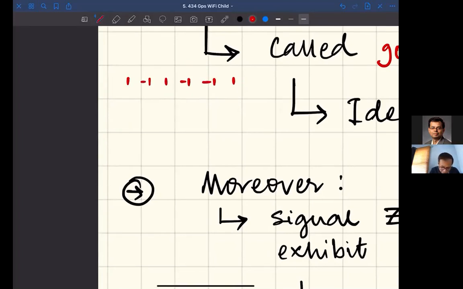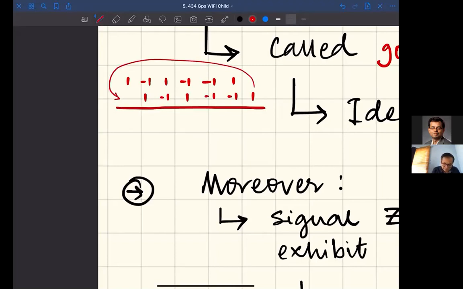Yeah, maybe 6 values. And let's do this: 1, minus 1, 1, minus 1, 1, minus 1. And now we have 1. Right? And now let's do the product. Let's bring the 1 here. So now it becomes 1, minus 1, minus 1, 1.